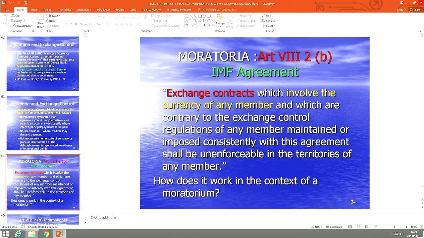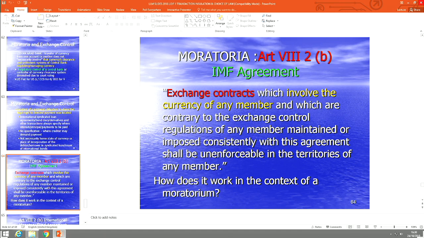It says, exchange contracts which involve the currency of any member state and which are contrary to the exchange control regulations of any member state, maintained or imposed consistently with this agreement, i.e. the IMF agreement, shall be unenforceable in the territories of member states of the IMF.